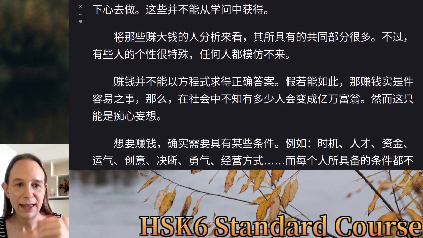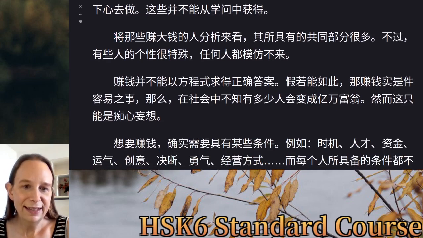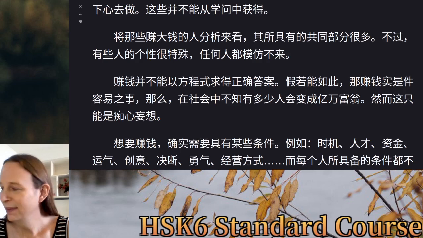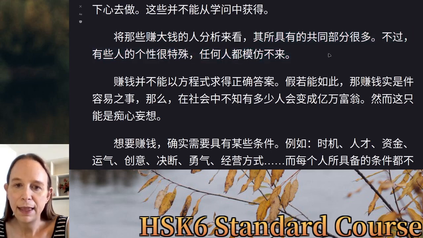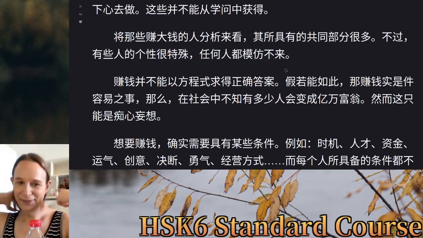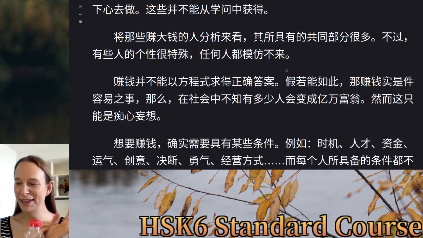将那些挣大钱的人分析来看，其所具有的共同部分很多，不过有些人的个性很特殊，任何人都模仿不来。Yeah, just because this person's successful in a certain way doesn't mean I can copy him.